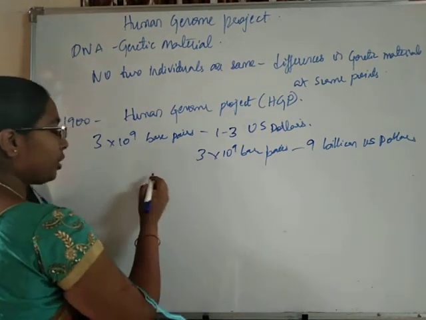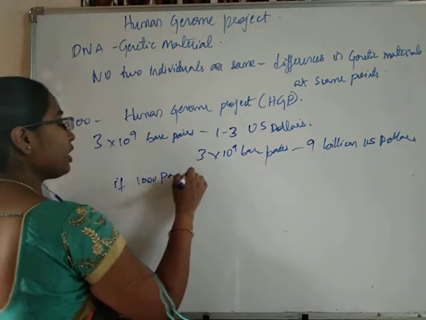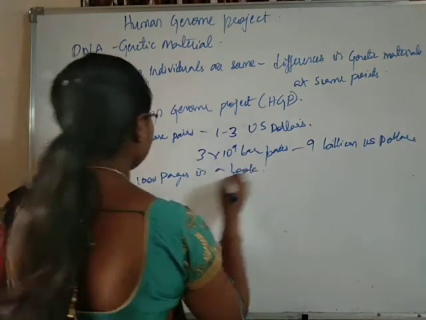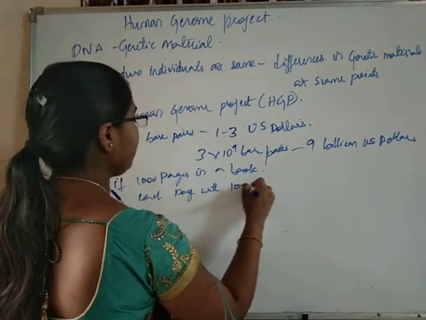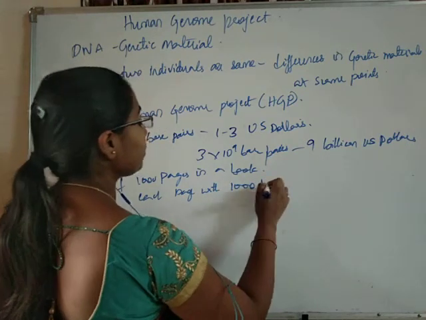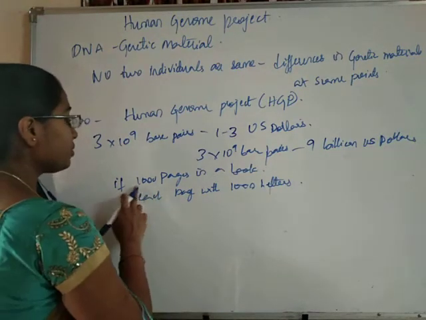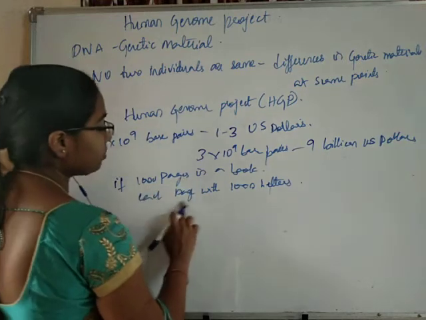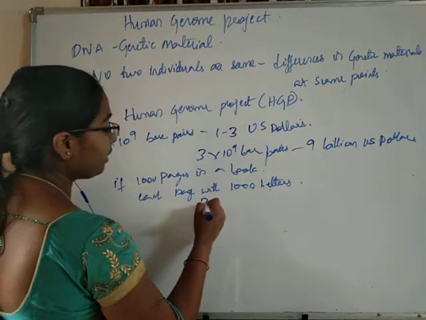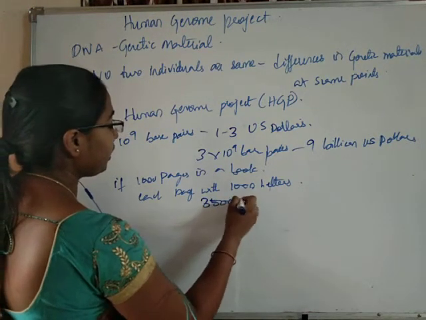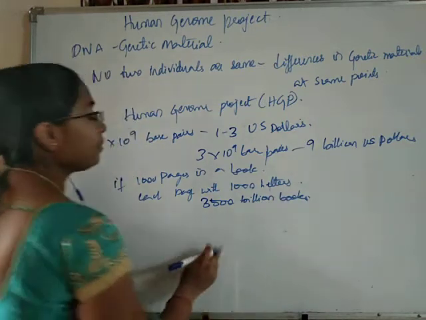If we write them in a book, say there are 1000 pages in a book, and each page has 1000 letters fitting, then it will require nearly 3500 books.